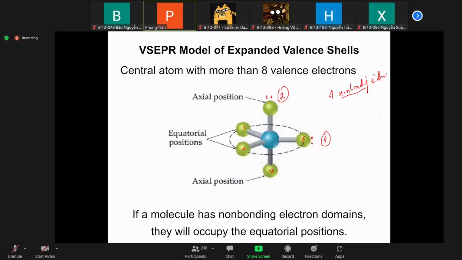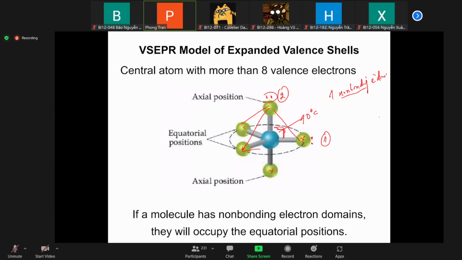You see that this non-bonding electron will have very close interaction with 1, 2, and 3, and this angle is 90 degrees. So that means the non-bonding electron pair has very strong interaction with the 3 ligands.